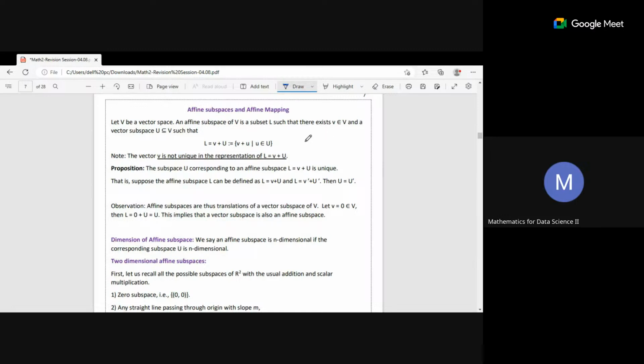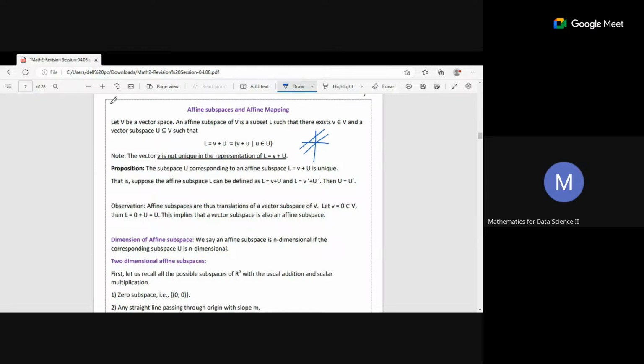For example, any line passing through origin is a subspace, but any line parallel to this line is an affine space, and this is not a subspace. Remember, the very first thing you should know about affine spaces is that they need not be subspaces. Of course, all subspaces are affine spaces, but affine spaces need not be subspaces. Please remember this very well.